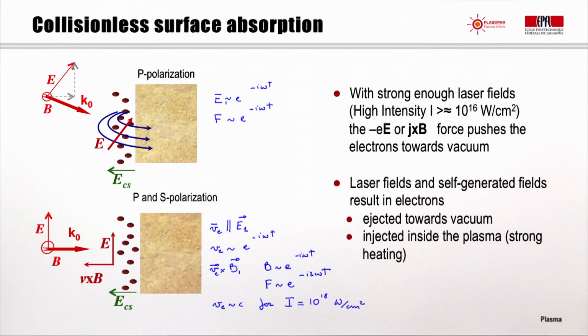To summarize these results, we can conclude by saying that laser field and self-generated field result in electrons ejected towards vacuum and injected inside the plasma. Some of them will keep propagating in vacuum, but most of them will be called back in the plasma, and this will result in strong heating.